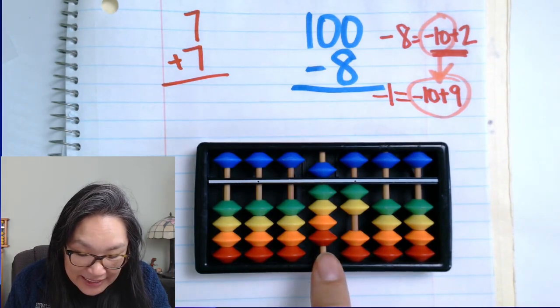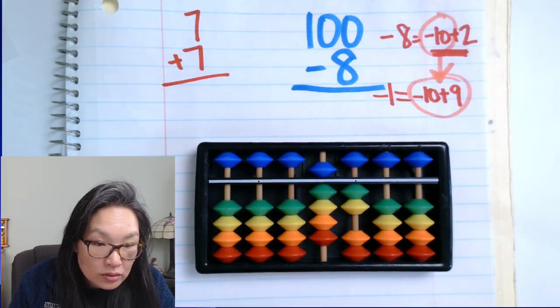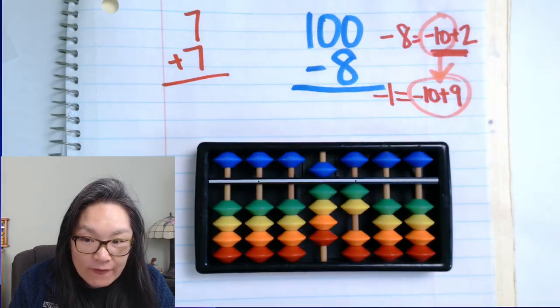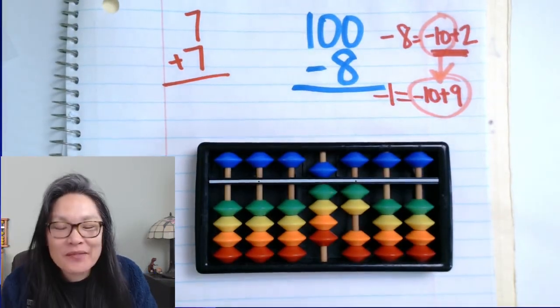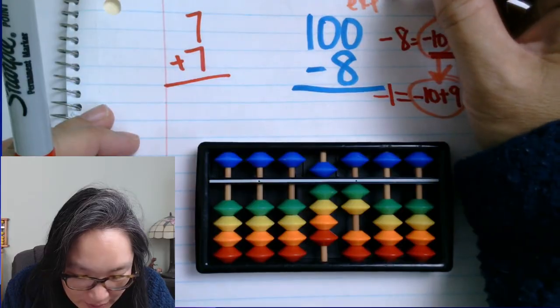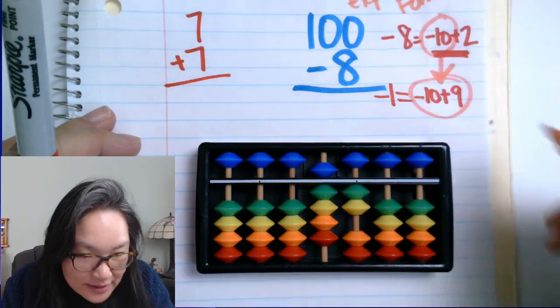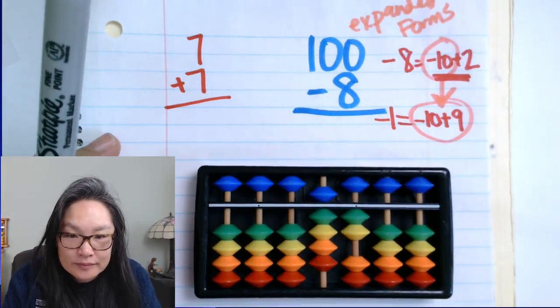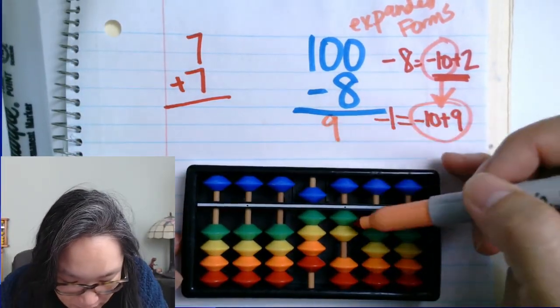So I have 92. Expanded form. Oh my God, I'm making epiphanies. Expanded form. This is crazy. So my answer is 92.